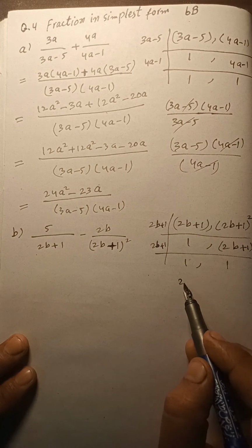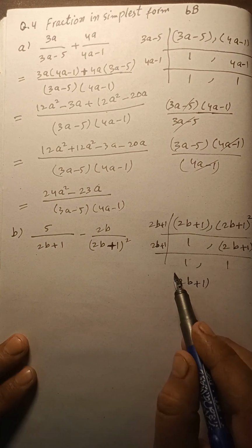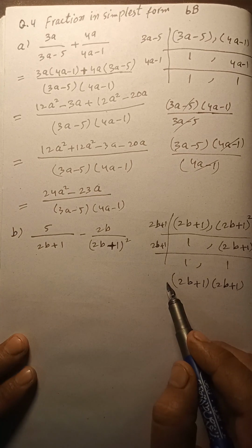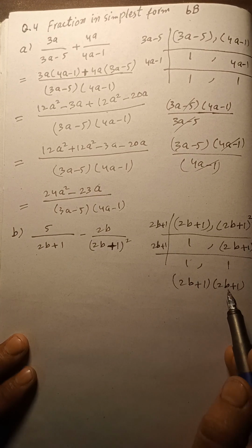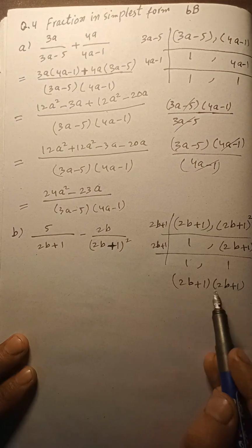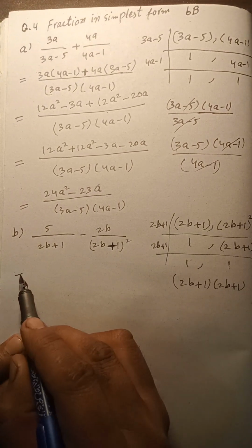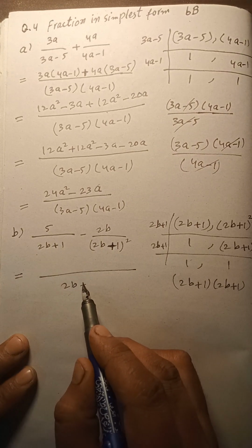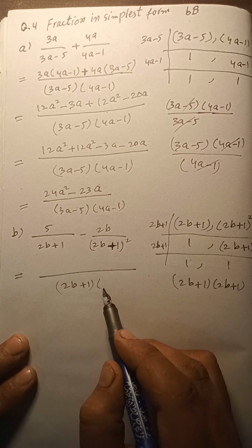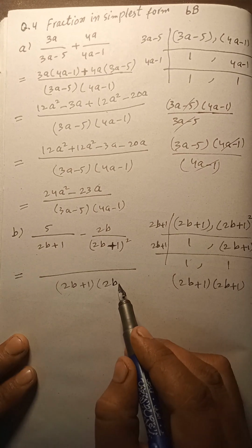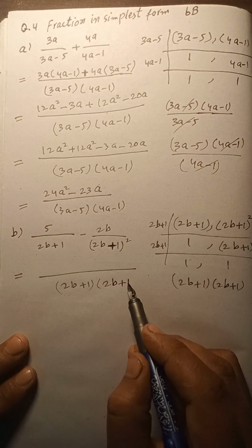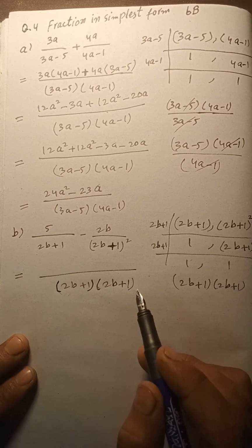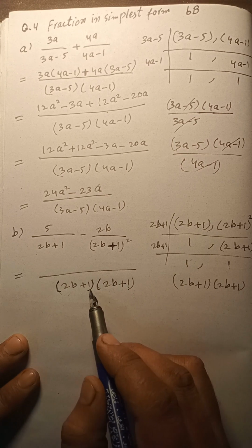So 2b plus 1, 2b plus 1 into 2b plus 1 is our LCM. You can write it like this, or you can write it simply like that. I have to write it in simple factors, because if I multiply it, it will become complex. But here I need simplicity, so I have written it in simplified form.